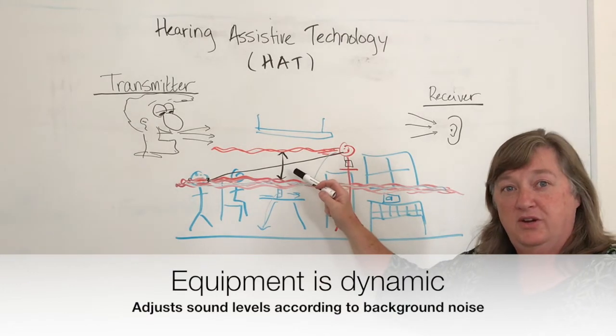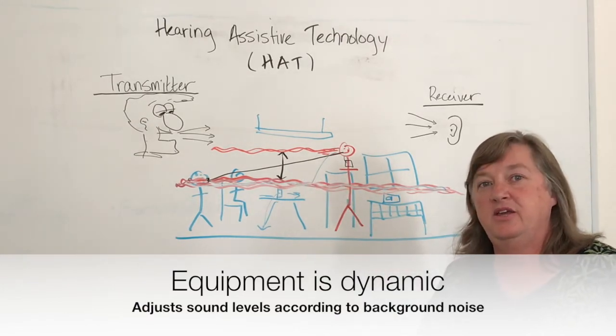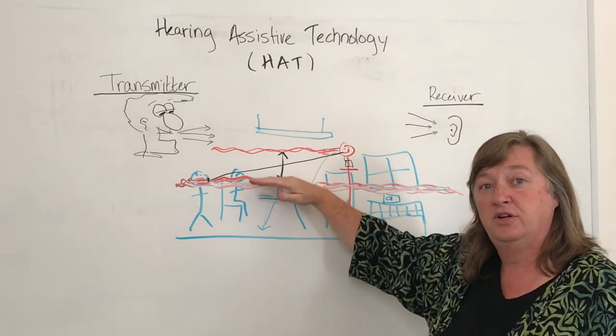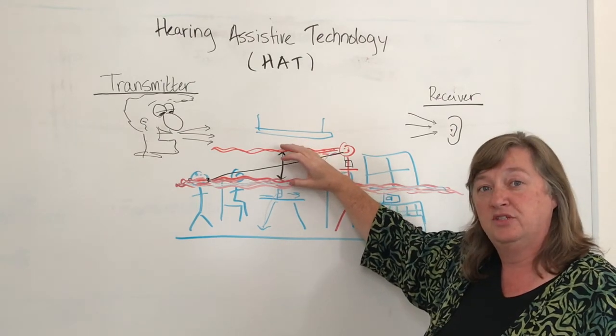This transmitter will create that gap, and this equipment is dynamic so that as the background noise gets louder, then it will amplify the language of instruction.